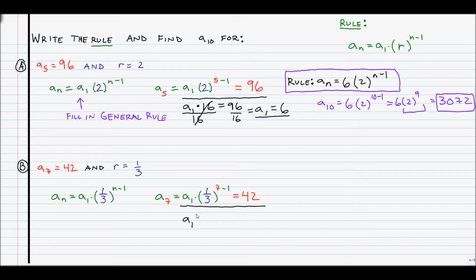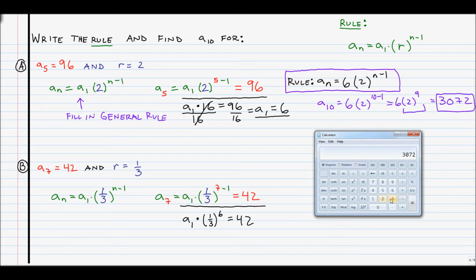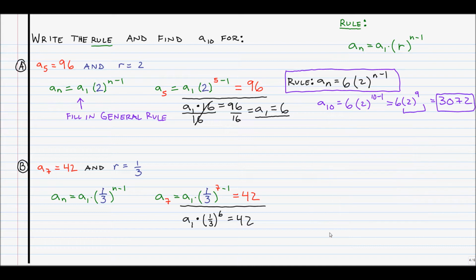Well, I've got a sub 1 times 1/3 to the 6th power, all equal to 42. Now, I don't know what 1/3 to the 6th power is. But I do know that it's going to be 1 to the 6th over 3 to the 6th. So 3 to the 6th is 729.